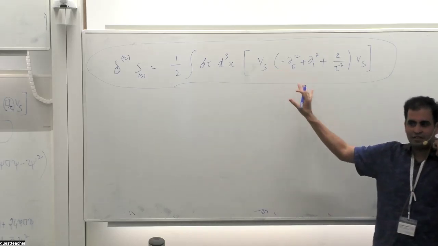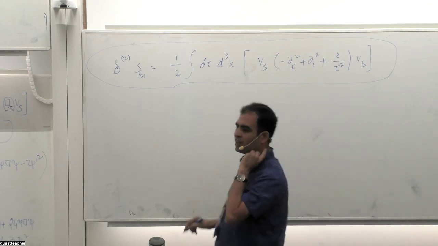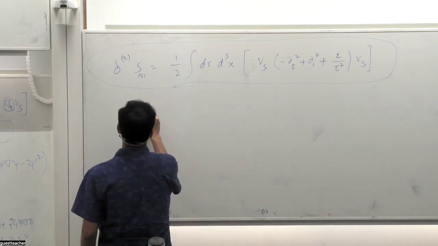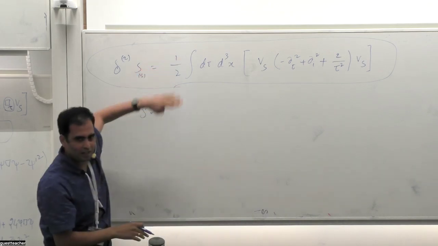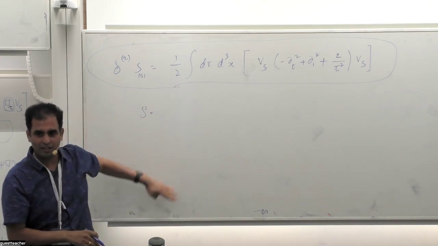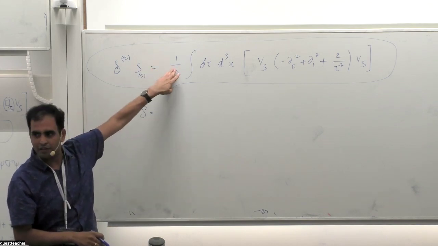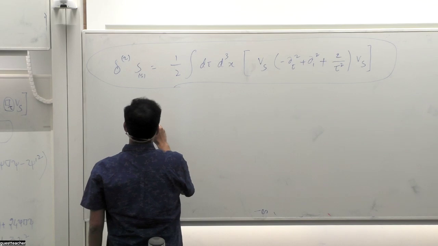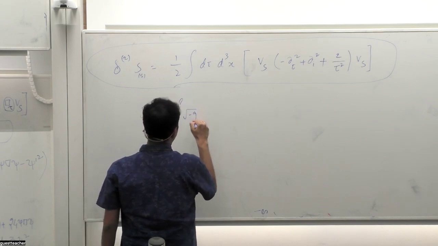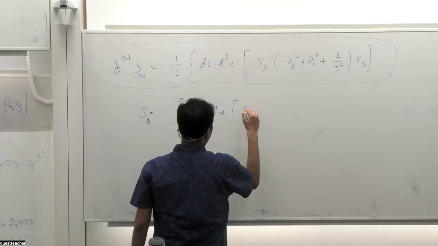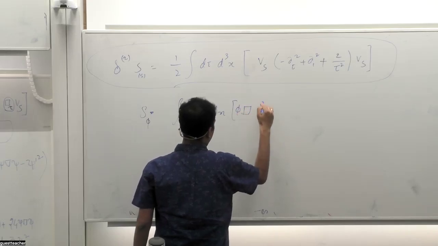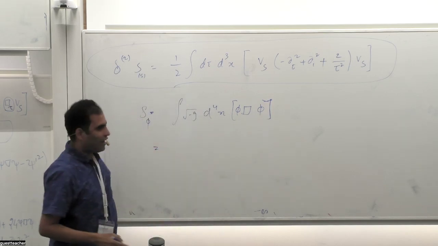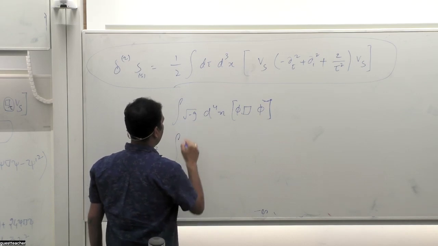To understand this, let us try starting with some scalar field in a de Sitter background. Let's stop here and go to a toy exercise. Then we will come back here and see how to deal with this. Let's take a Lagrangian, some scalar field, square root of minus g, d4x, phi box phi, in a flat FRW background.